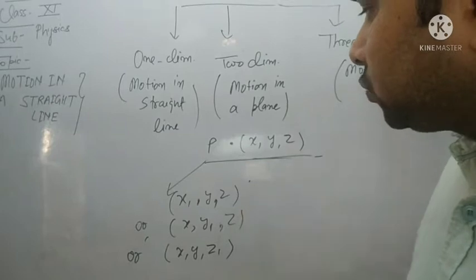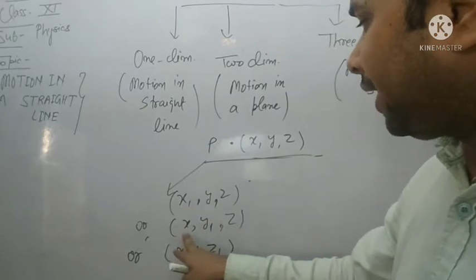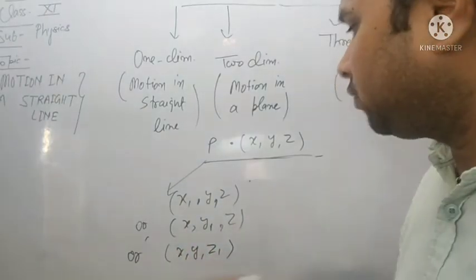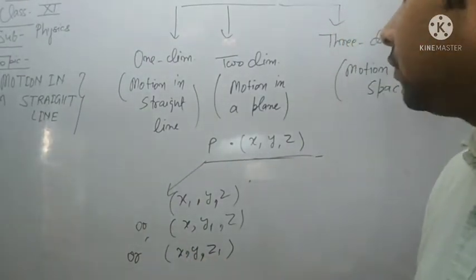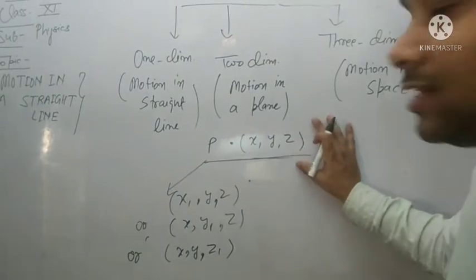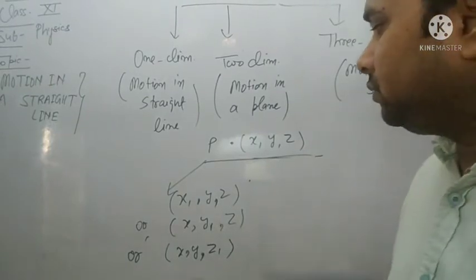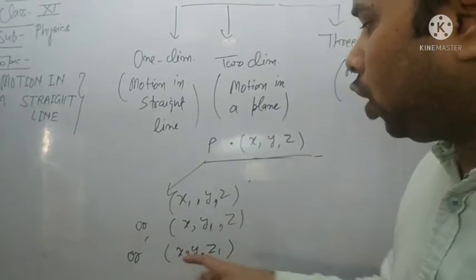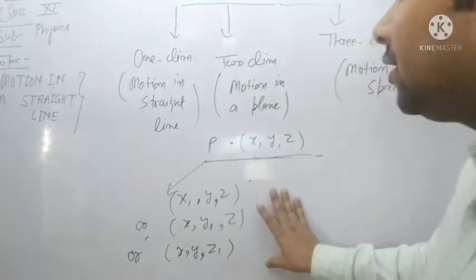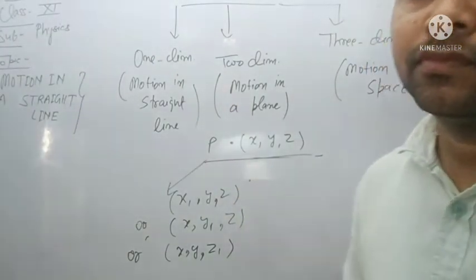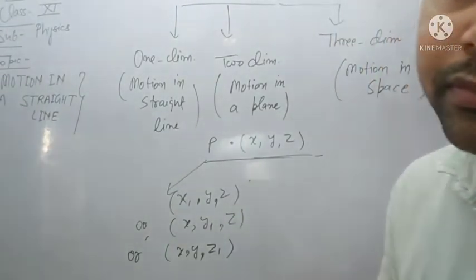See the three possible situations in one-dimensional motion: x1, y, z or x, y1, z or x, y, z1. So if the initial position is x, y, z, and the new position after time t is given by x1, y, z or x, y1, z or x, y, z1, then the body is said to be in one-dimensional motion, or motion in a straight line.